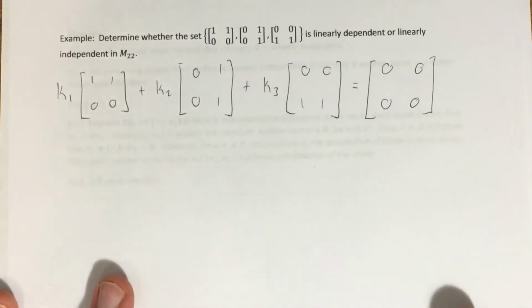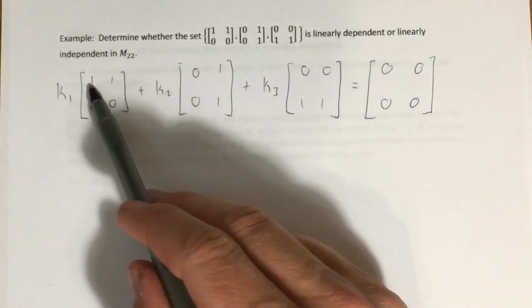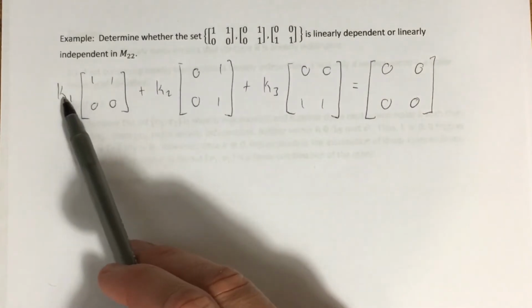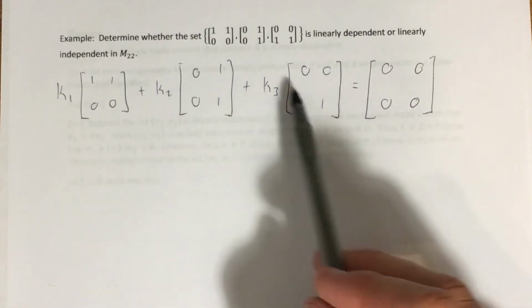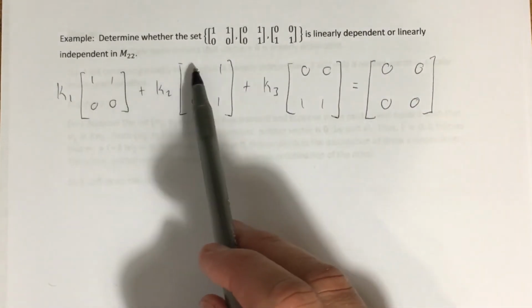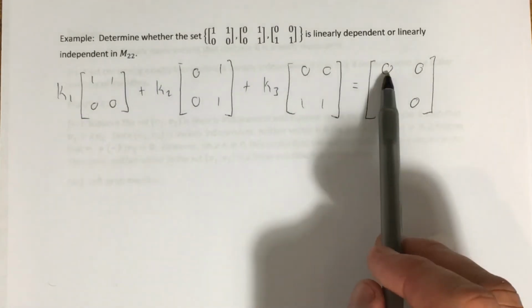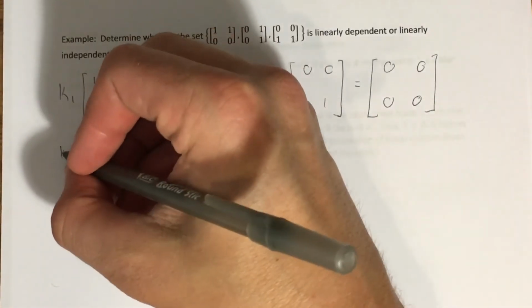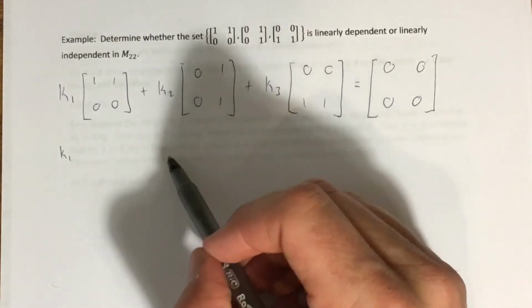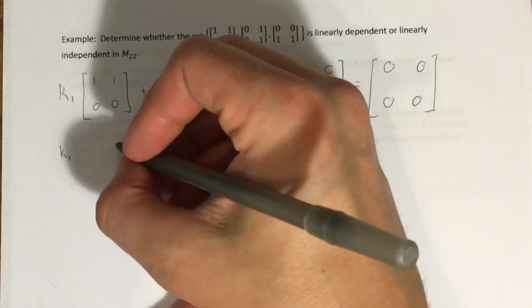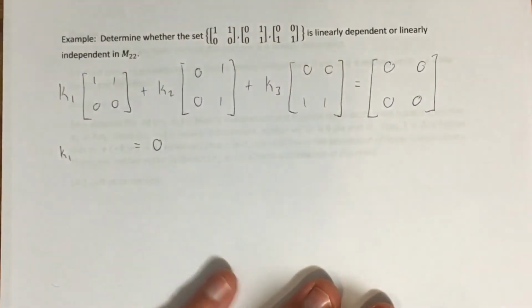Now think about the linear system that comes out of this. I have 4 entries in each matrix. If I multiply the k1 into this one, k2 into this one, k3 into this one, and add the 1,1 entry from each matrix, I can set that equal to 0. That's going to be k1, and this is a 0 here, this is a 0 here. So k1 equals 0.